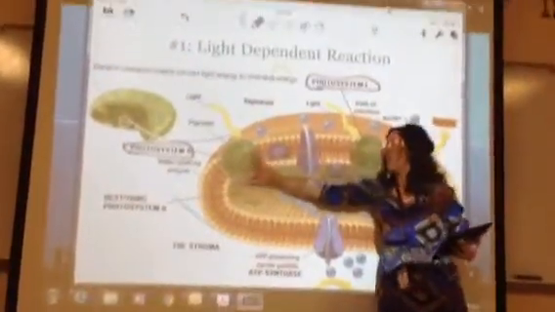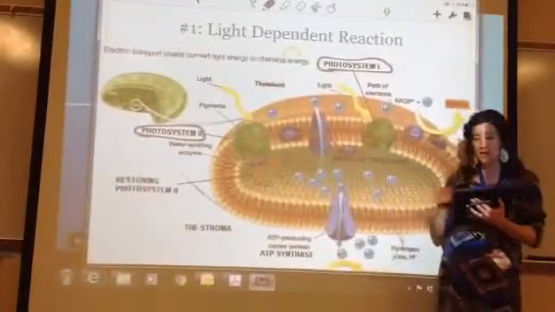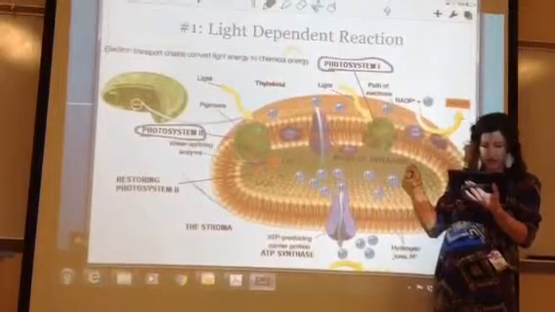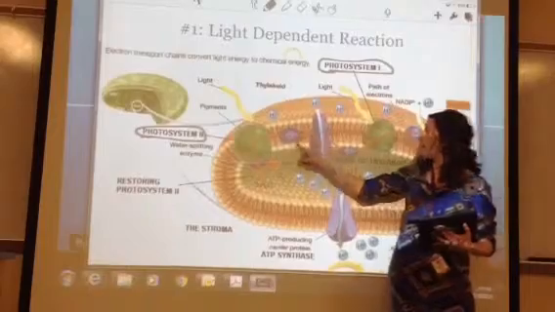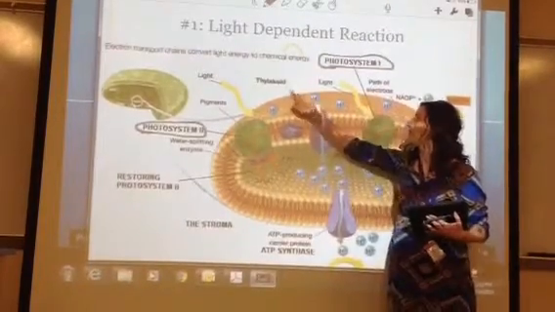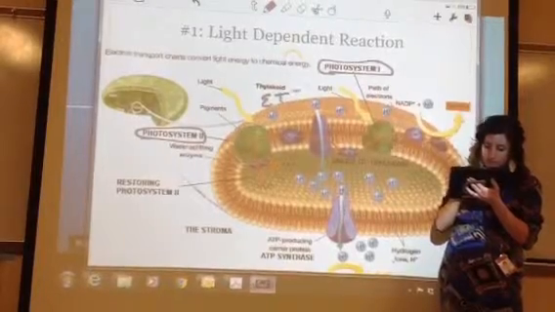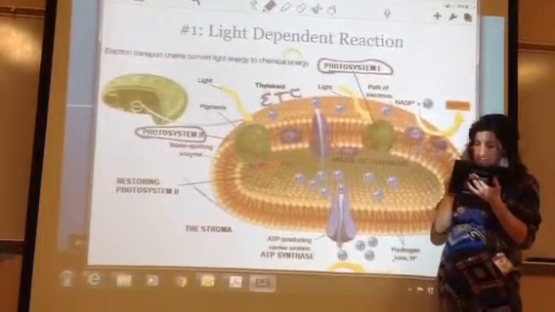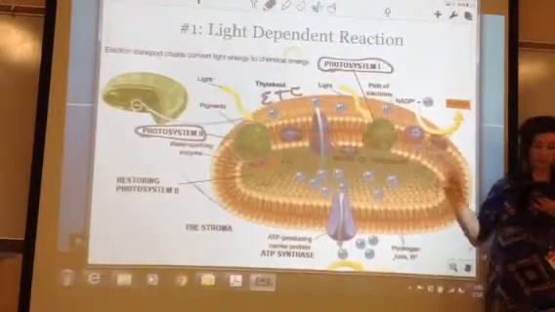So our photosystems, and then the purple guy, the blue, is the electron transport chain. And I don't see that on there, do you? So let's label these guys ETC, maybe right there. Alright, so here's an ETC, and then here's an ETC.